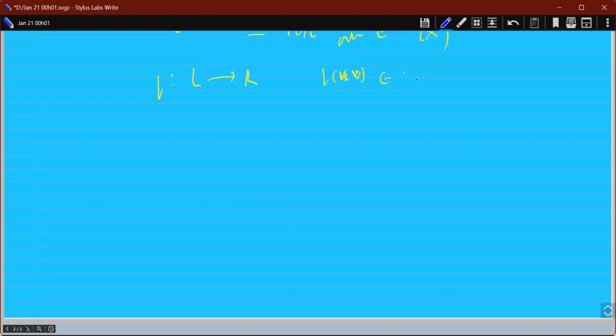So it's the universal one. And it turns out, we'll see this later, that this ring L is also the coefficient ring of MU.